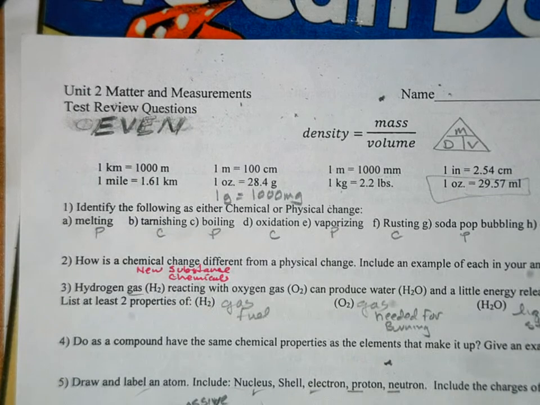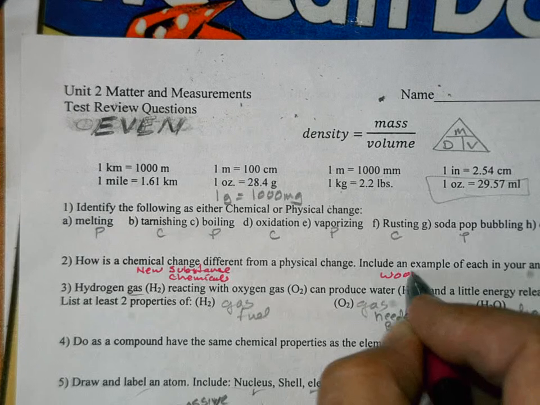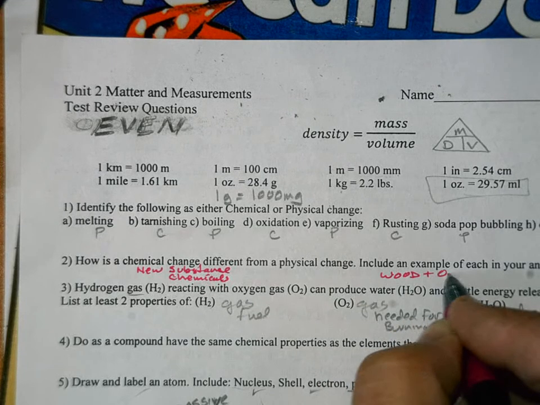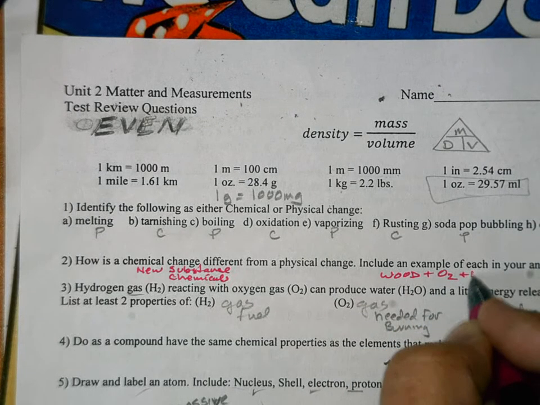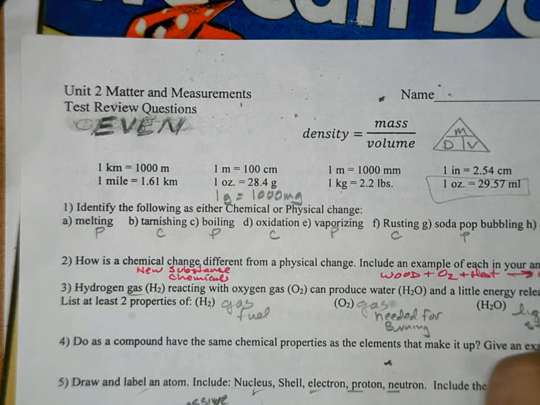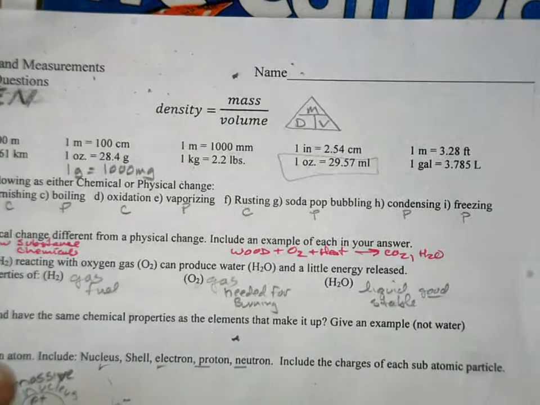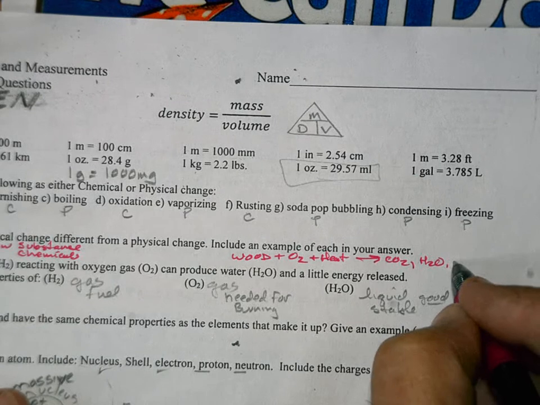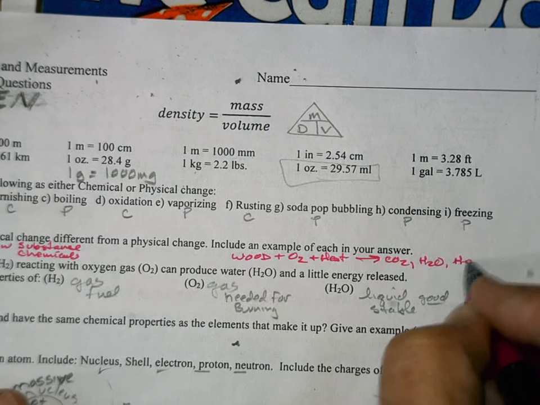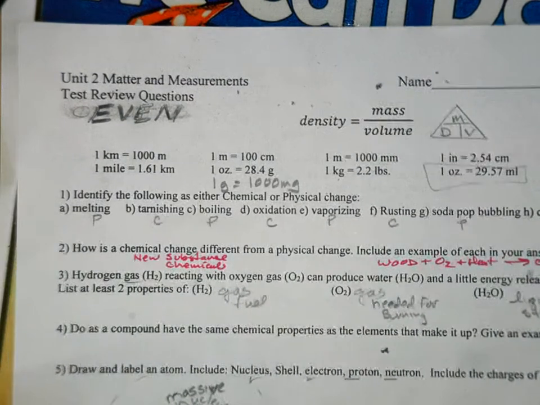Here's an example for chemical: wood plus oxygen, oxidizing, plus heat, like fire, can change it into CO2 and some water. CO2, water. You'll get some heat, and you'll get some light, etc. Okay, it's totally changing.